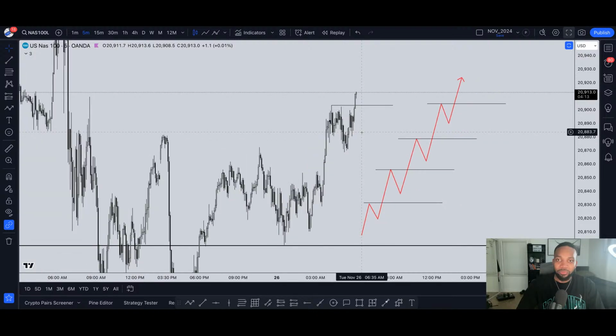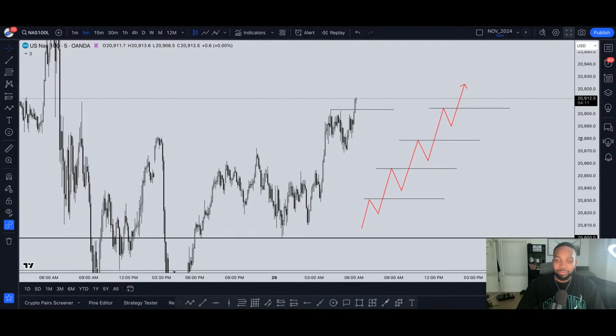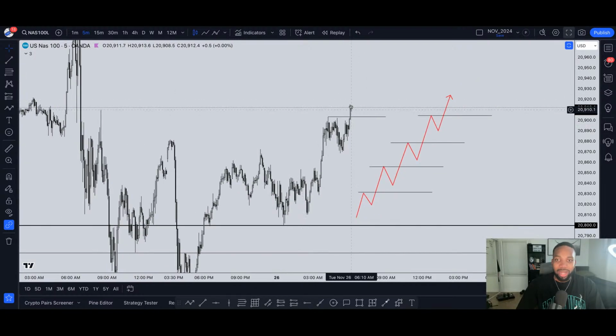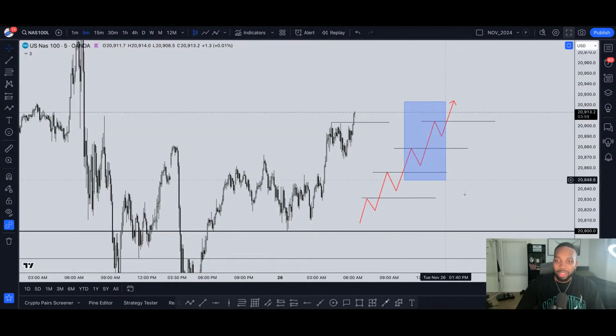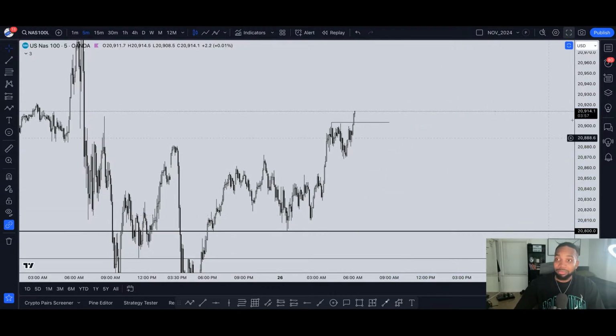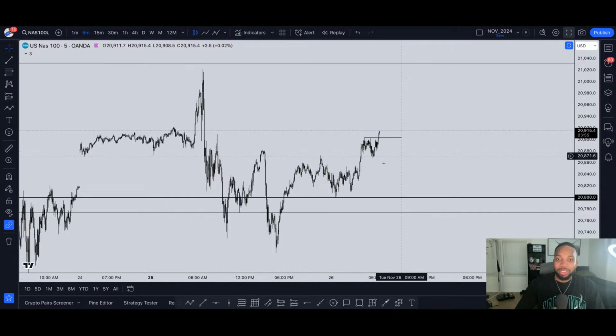So for me to sell this, I would have to see price giving lower lows and lower highs. I would have to see price breaking beneath previous structure. But we're not doing that. Maybe a little bit higher. Technically, you should already be in these trades. If you've been plugged in to the Discord and all the other chats, you should see that.